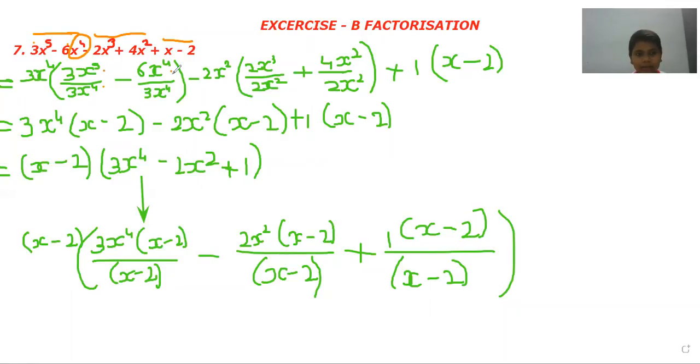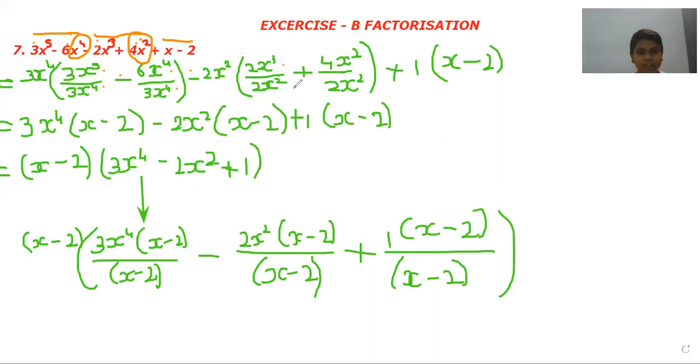Next, did this all: 3x to the power 5 divided by 3x to the power 4 minus 6x to the power 4 divided by 3x to the power 4. Then in the middle, minus. Then 2x square I took, because 2 can divide 4 and itself, which means 2, and because this variable has the smallest power, so 2x square.